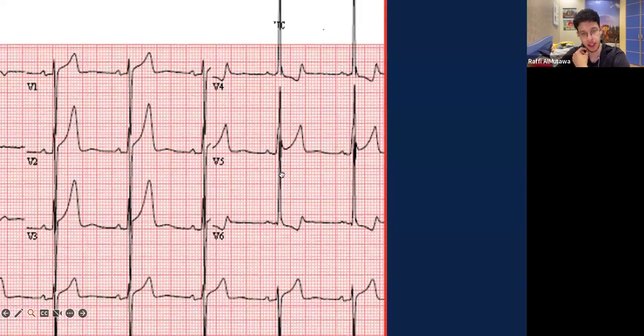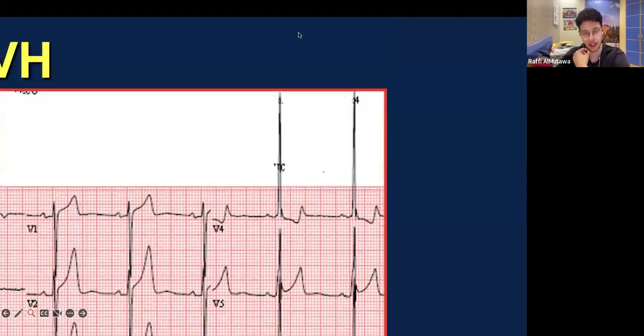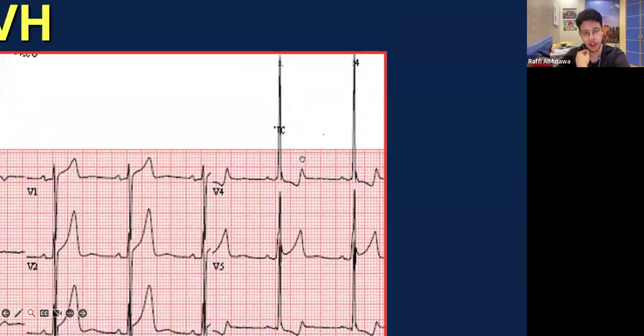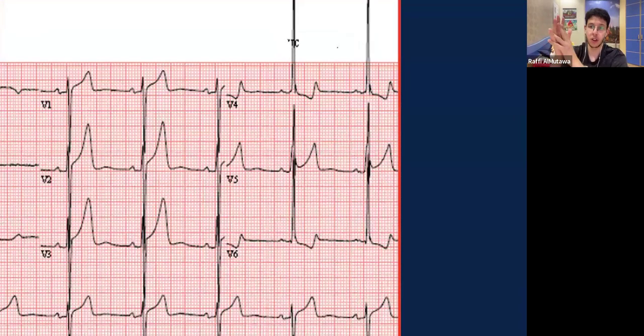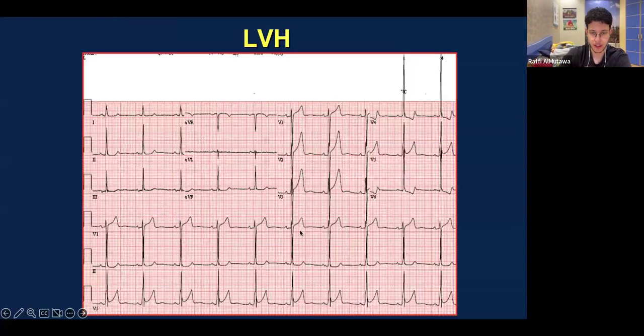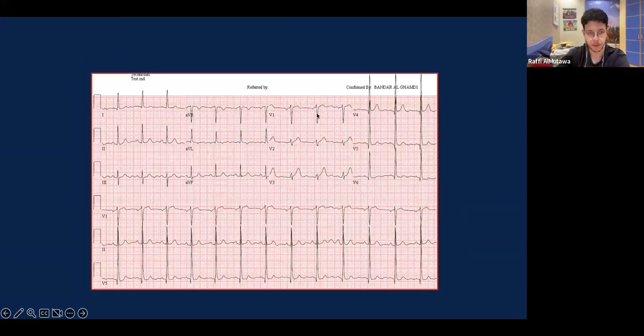When you see this, think hypertrophy. You're right, and suspecting it's an MI, depending on symptoms in the hospital, is never a bad idea, because it's better safe than sorry. But for the sake of your exams, this is left ventricular hypertrophy, but I can understand why you would think it could be anterior STEMI.